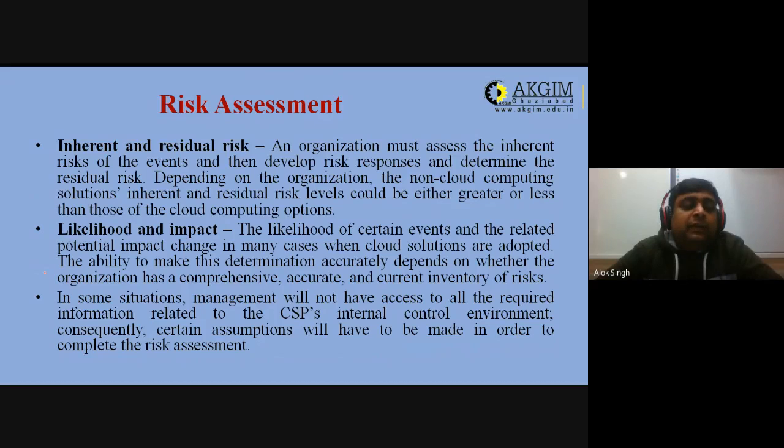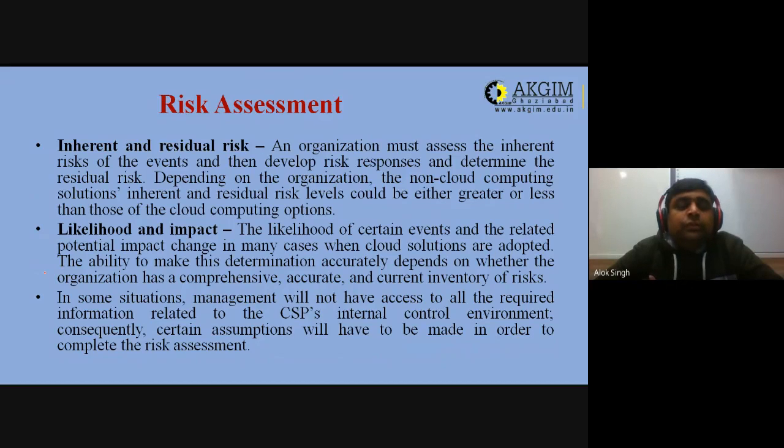That means what the various frequencies of occurrence of such risks are and what the impact of those risks is. The likelihood of certain events and the related potential impact change in many cases when cloud solutions are adopted. The ability to make this determination accurately depends on whether the organization has a comprehensive, accurate, and current inventory of risk.